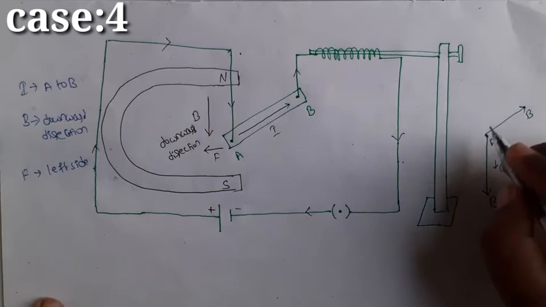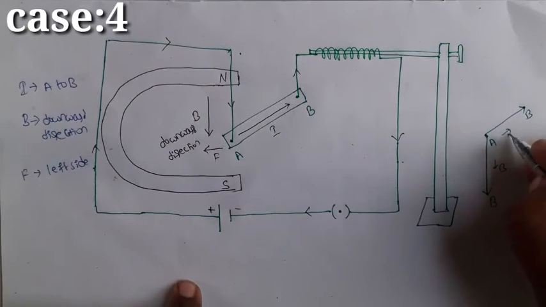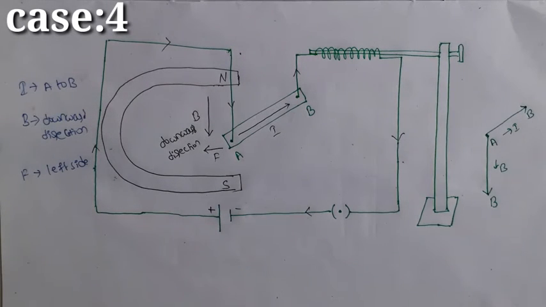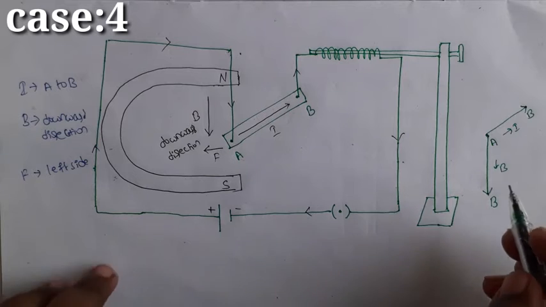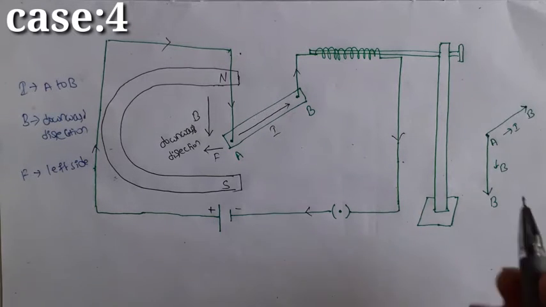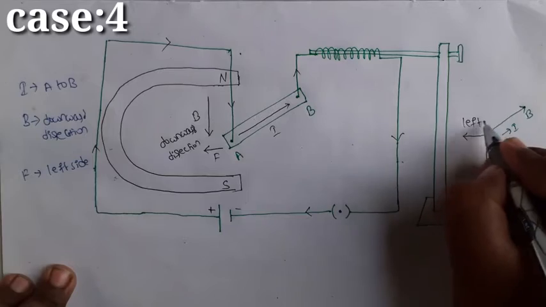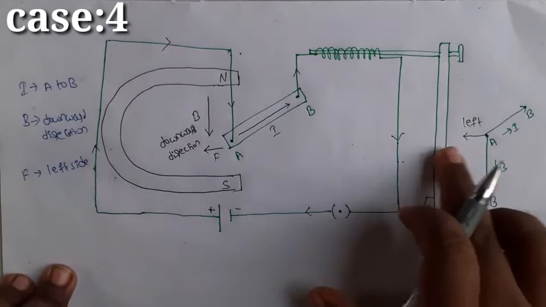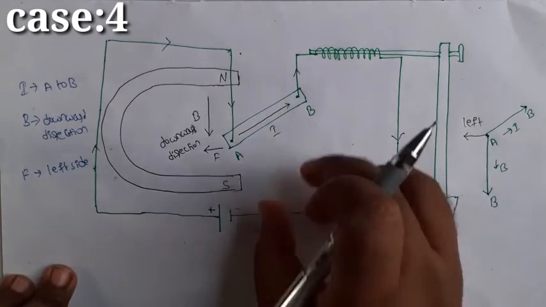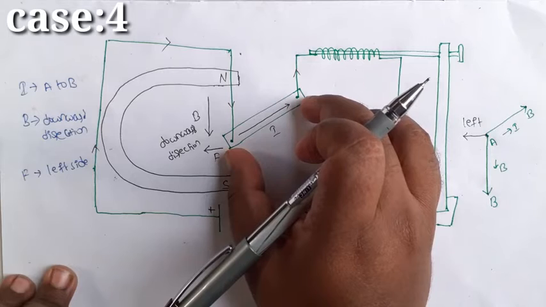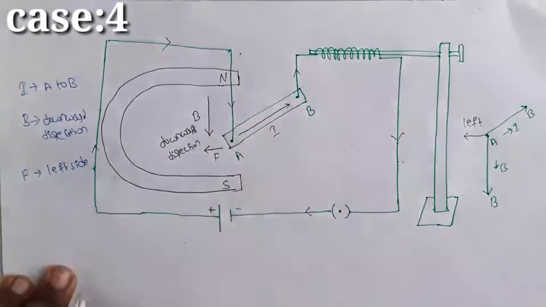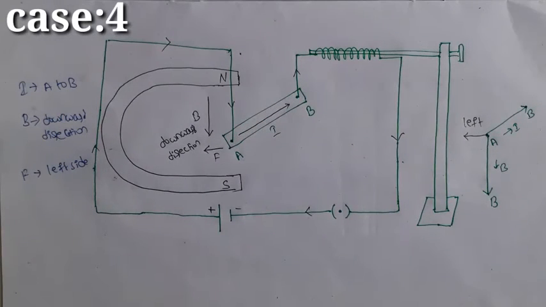Current is flowing in the A to B direction. So this is the direction of the current. In this situation the magnetic force is acting on this conductor towards the left direction. So due to the magnetic force this conductor is displaced towards the left hand direction.